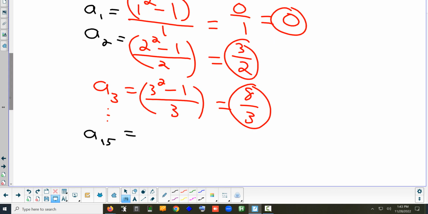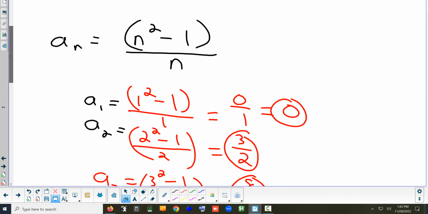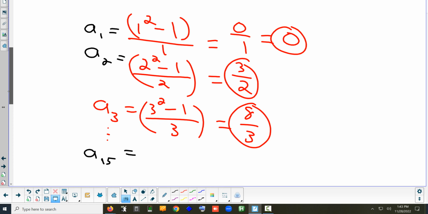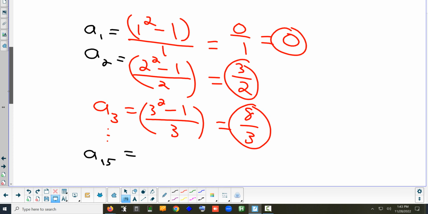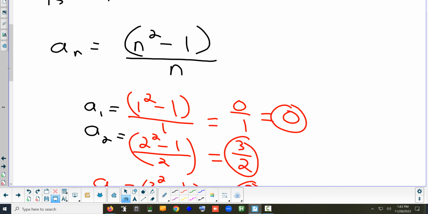Now, with the formula they gave me, do I need to find the 4th, 5th, 6th, 7th, 8th, 9th, 10th, 11th, 12th, 13th, and 14th term to jump to 15? No, I can jump right to 15 because this is the kind of formula that allows you to do that. So, Jenna, to find the 15th term, what number am I going to plug in for n? 15. Yep, good.